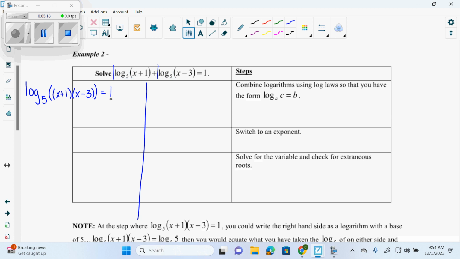And then I convert. So I get 5 to the 1 equals x squared minus 3x plus 1x minus 3. So I just expanded what was in the brackets, right?